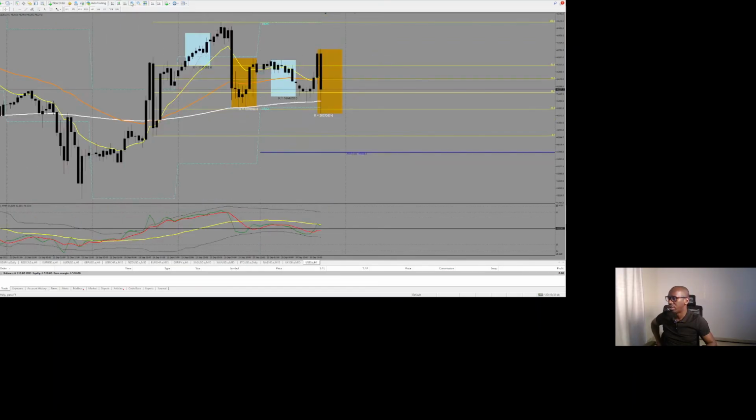If I can expand this and just explain, we see that these are equal lows right here. Not equal lows in the strict sense, but these lows here would likely have caused there to be an accumulation of liquidity below here.